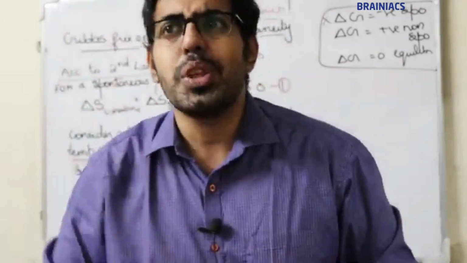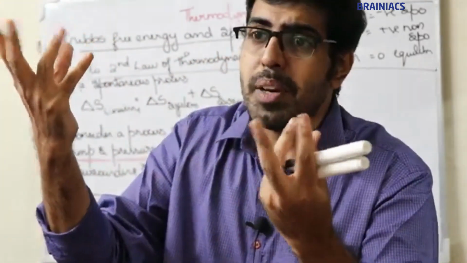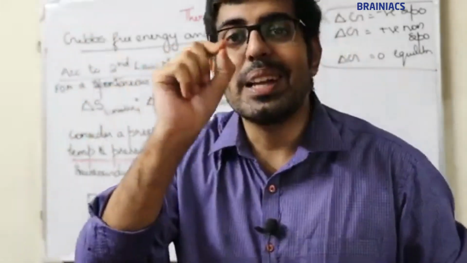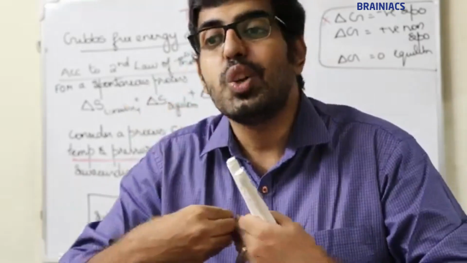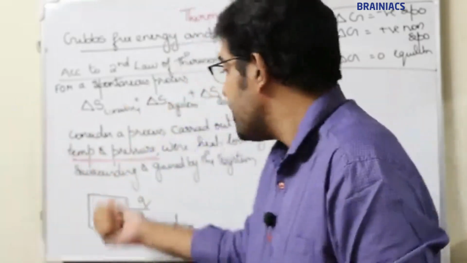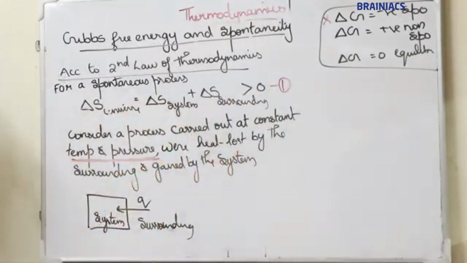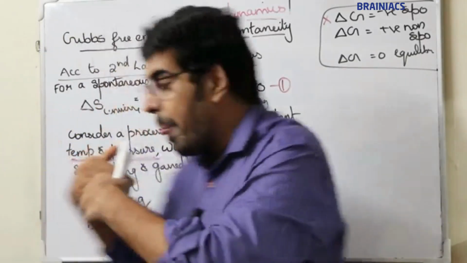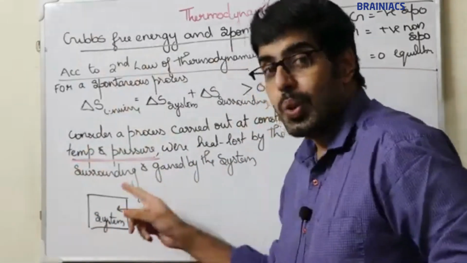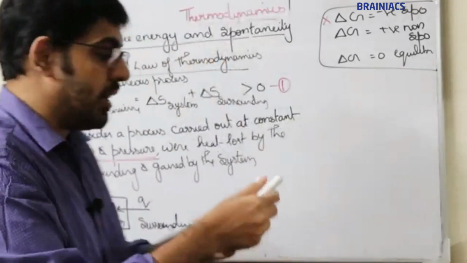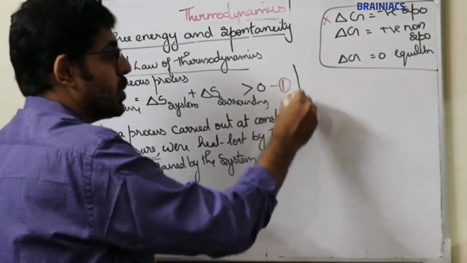If you consider an exothermic reaction, energy is released by the system, so delta H is negative. So negative indicates energy is lost or released. Here the system is gaining energy, but the surrounding is losing energy to the system. Please remember that.